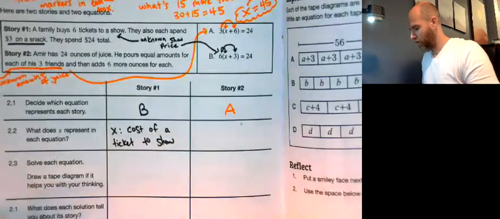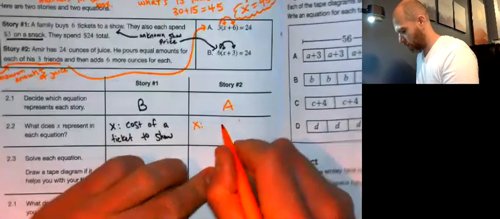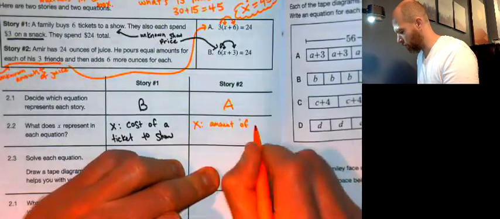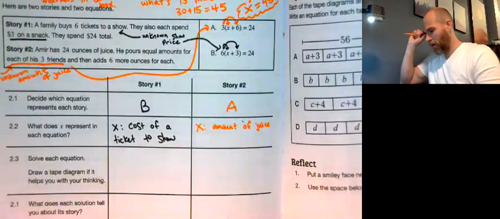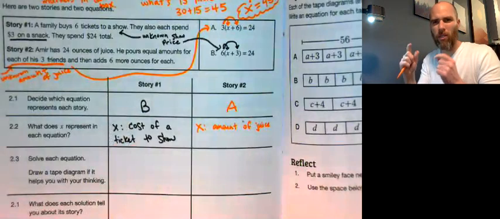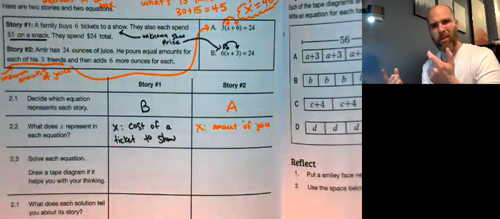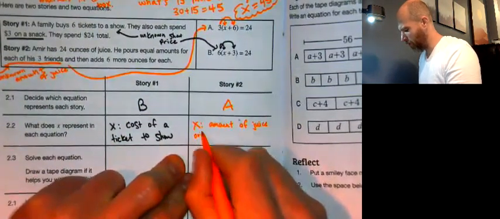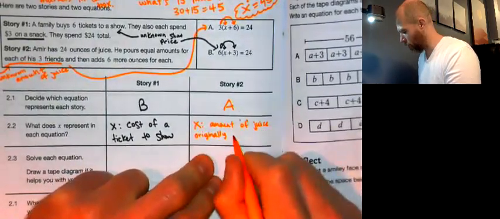And then for the other one, X was the amount of juice. I don't want to say the amount of juice he pours, because he pours some juice and then he pours some more. And so just saying the amount of juice he pours could be misinterpreted to mean all of the juice he pours. And so I'm going to say amount of juice originally poured or something. I don't know. You'd have to come up with a word to say what you really mean here.